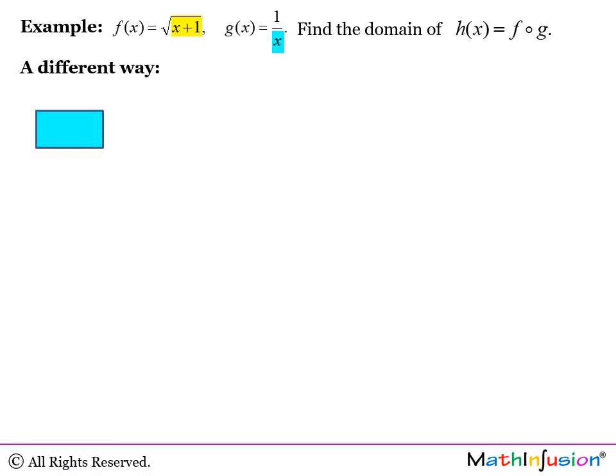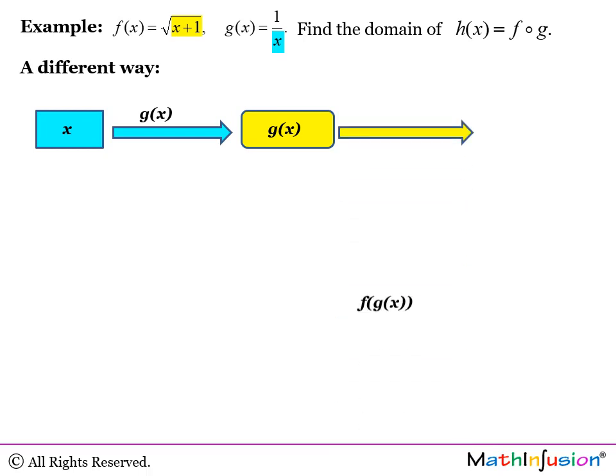We're just going to show the flowchart kind of, and we're really going to check that everything can flow. Here is f of g of x. So we start with x, and we apply g of x, and we get g of x. Then we have to apply f to get f of g of x.